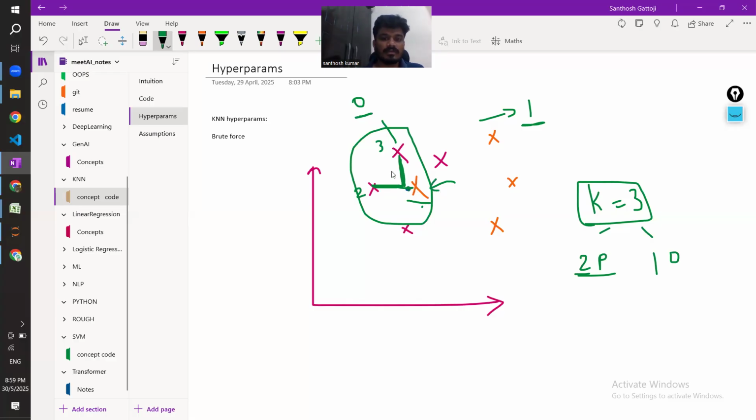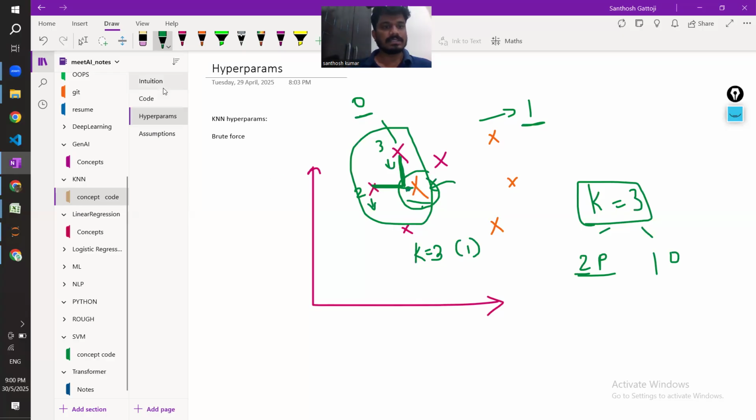If k equal to 3, we consider these 3 points: if very nearby, we'll give more weightage; if a bit far, we'll give less weightage. So there is a probability that in k equal to 3, the prediction of this point will become 1, orange, instead of pink, because we are giving more weightage, and that is also logical. So that is just one point I wanted to discuss.